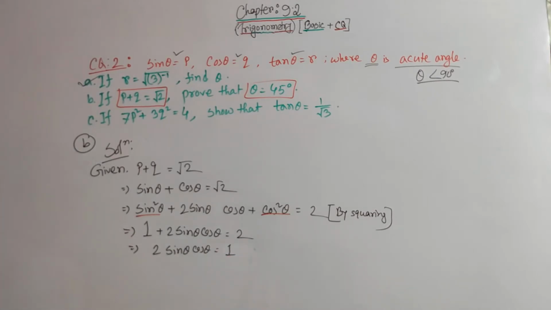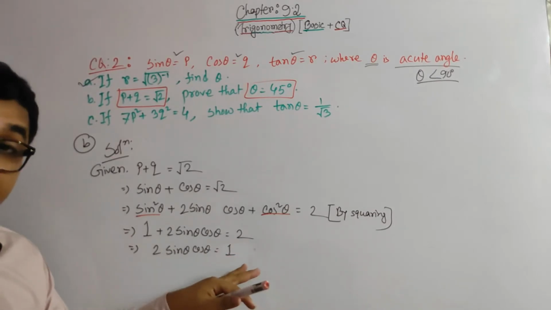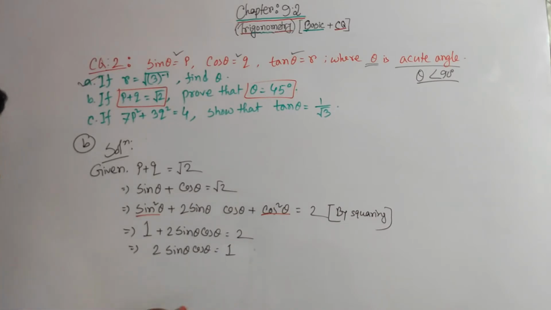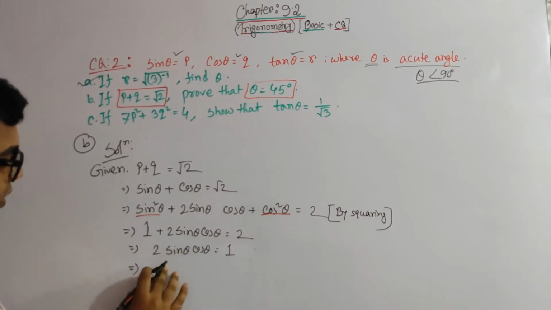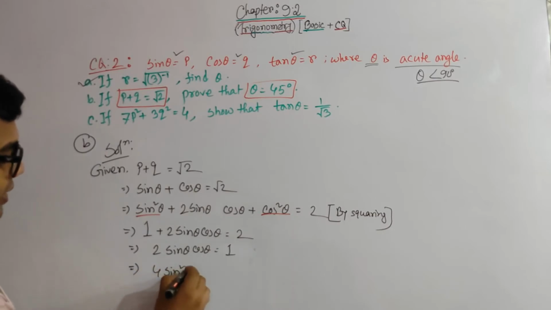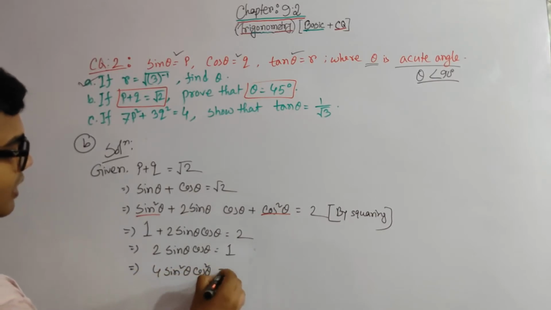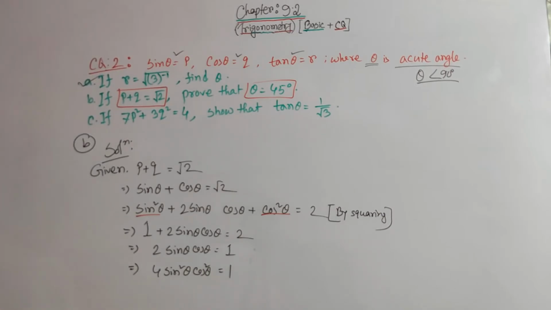Now, if 2 sin theta cos theta were 0, then we could say sin theta equals 0 or cos theta equals 0, but since here is 2 and here is 1, it is not 0, so we have to calculate it. Squaring both sides, we get 4 sin square theta cos square theta equals 1.